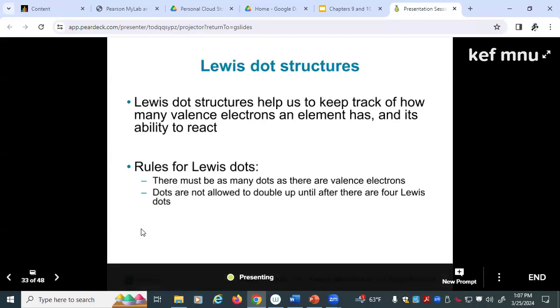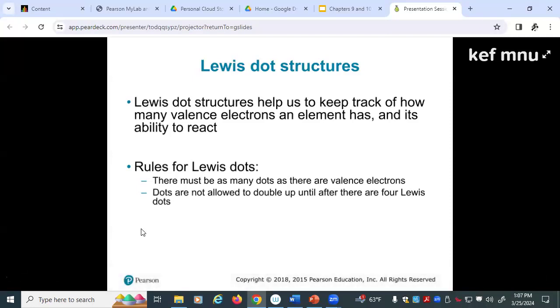And so what we're going to start with today is just a way of tracking the number of valence electrons that we have and beginning to try to frame that number of valence electrons in terms of what kinds of things it needs to do to meet the octet rule. So we're going to use a pretty standard model here for doing this tracking.